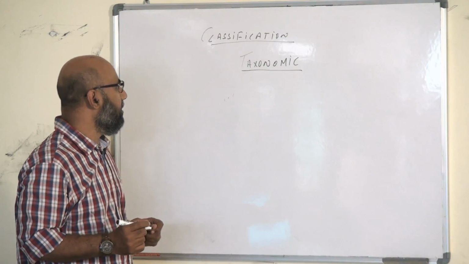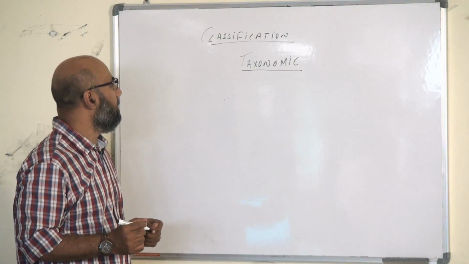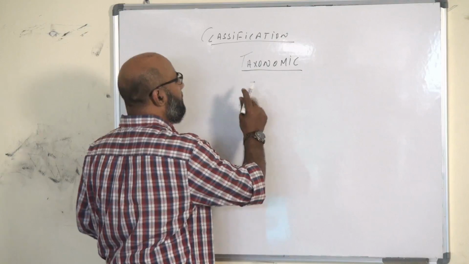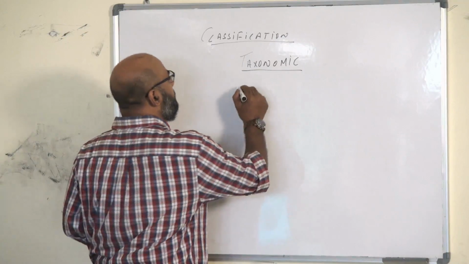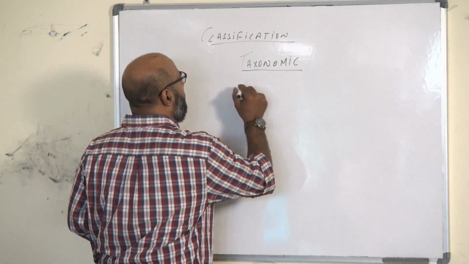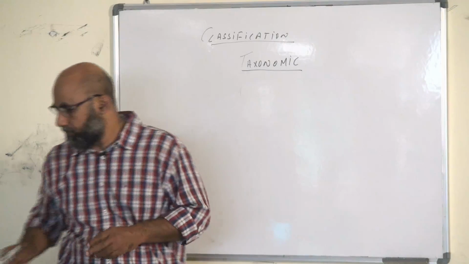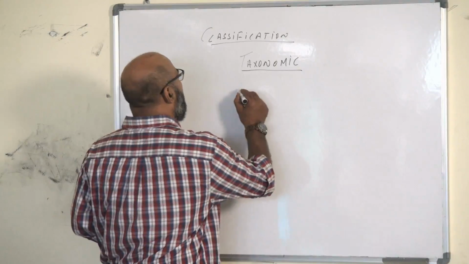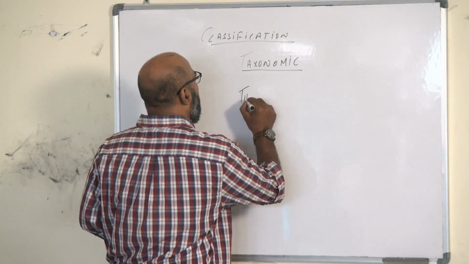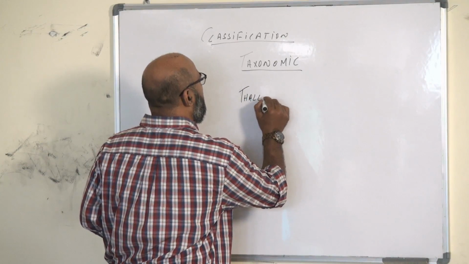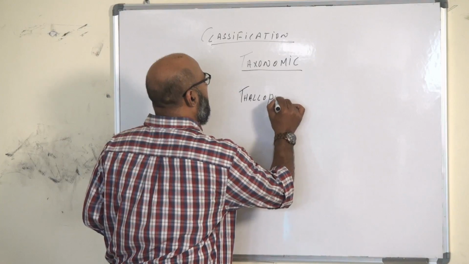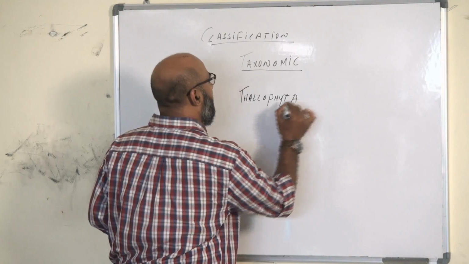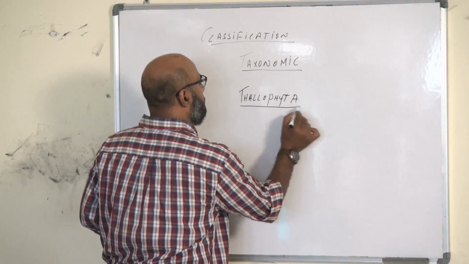The naming of the fungi is based on the sexual spores. Now, let us start with the phylum. What is the phylum that the fungi belong to? Fungi belong to phylum Thallophyta. This is the phylum that the fungi belong to.